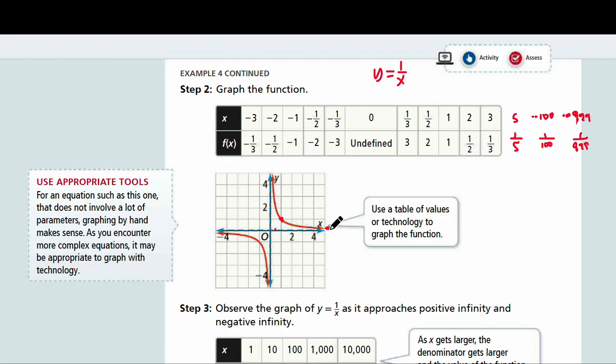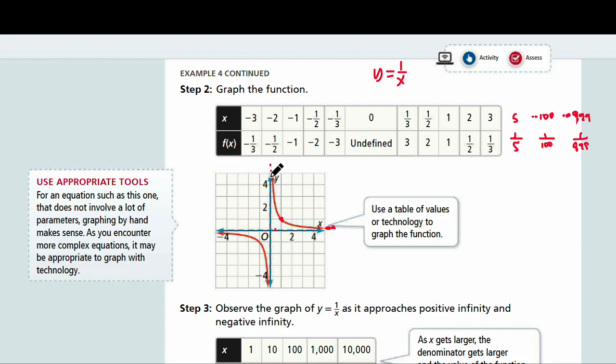So it will, in theory, never equal 0, but it will approach 0 forever and ever. In the same way over here, your y value will approach positive infinity as x gets closer and closer to 0, but they will never touch.